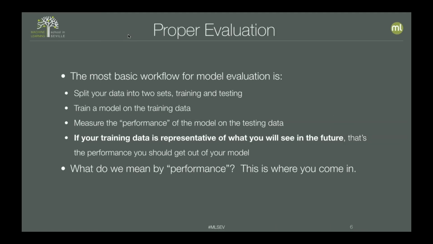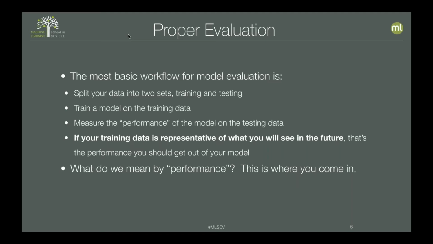So first of all, choosing the right metric. Stepping back again, the most basic workflow for model evaluation is you have a data set, and you typically split it into two separate data sets, one for training and one for testing. You train a model on the training subset of your data, and then you measure the performance of that model on the test data.